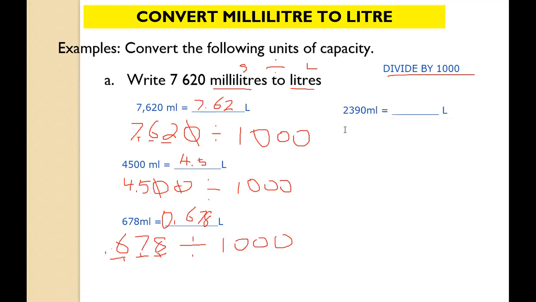Again, I'm going to divide. 2,390 divided by 1,000. So 1, 2, 3, and then where does the decimal stop? The answer is 2.39 liters.